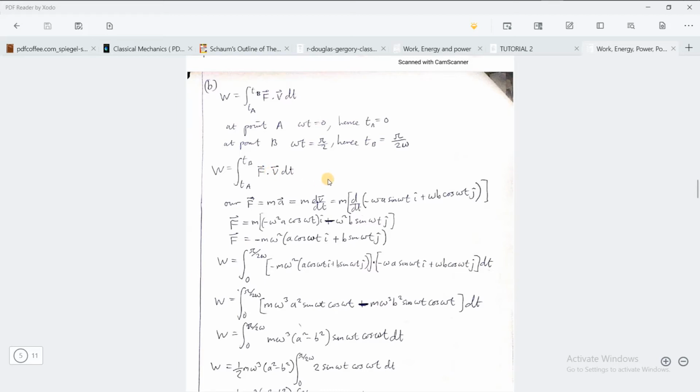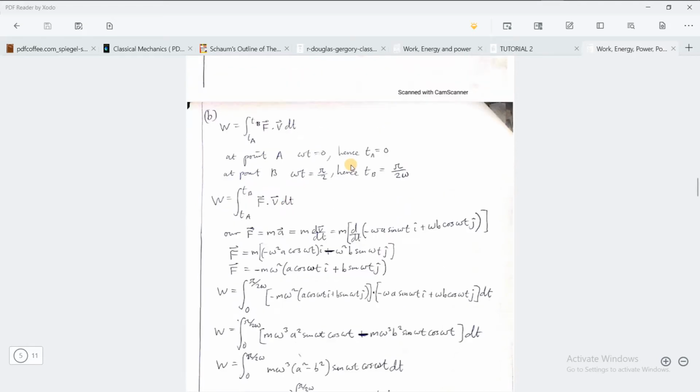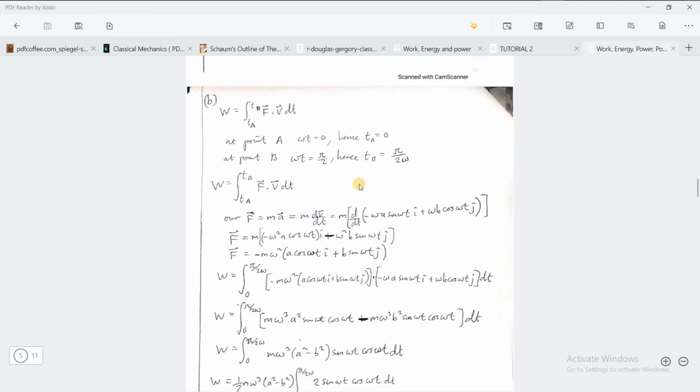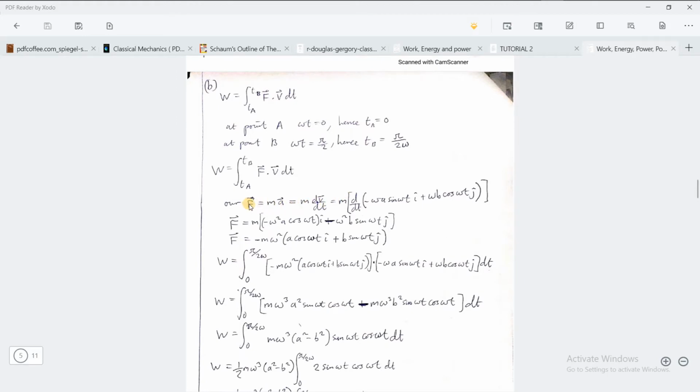We know the formula for force is ma. Force is just the mass times the acceleration. Since we already know V, we can calculate acceleration by differentiating V with respect to time. So this is what we do. Force equals ma, which is m dv over dt, which is m d over dt of this V. Differentiating the whole thing inside the parentheses, we get this expression with the m outside.